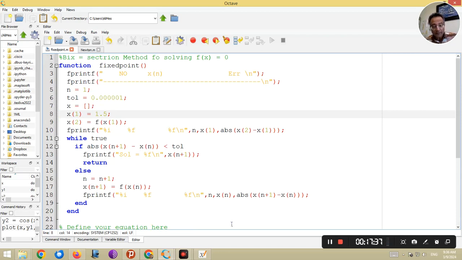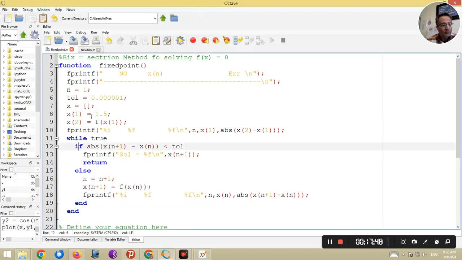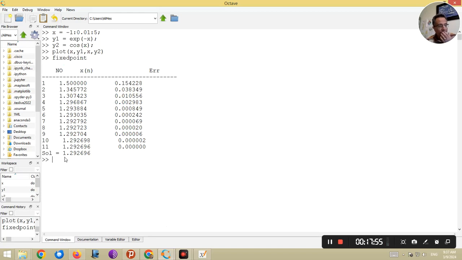I want to find the root between 1 and 2, so the starting point should be between 1 and 2, for example, 1.5. And if I run the program, I get the solution in about 11 or 12 iterations.